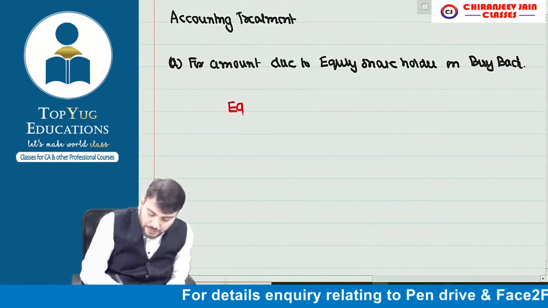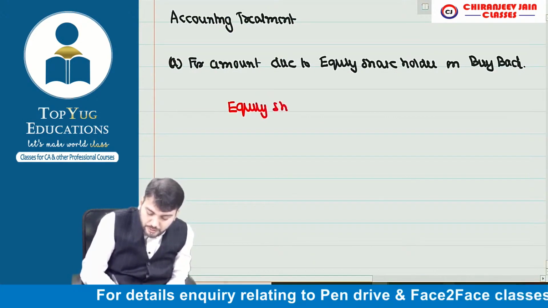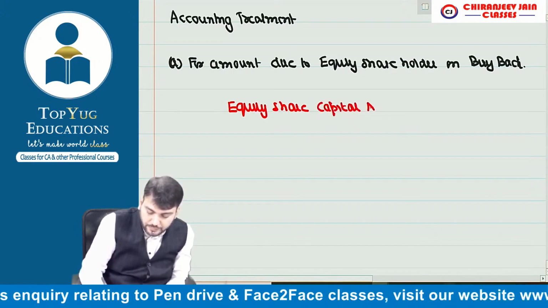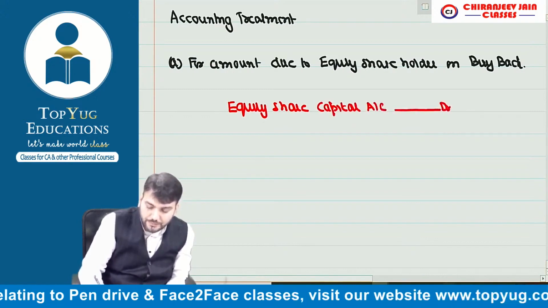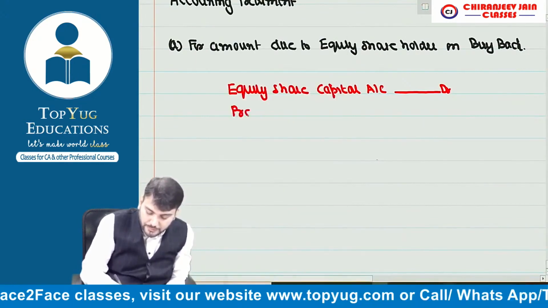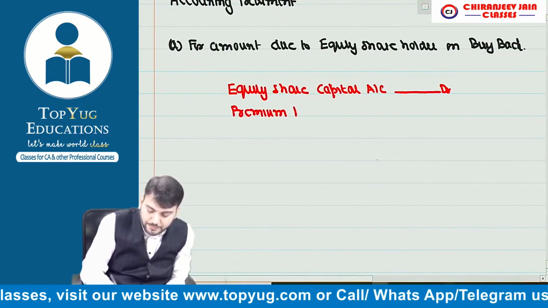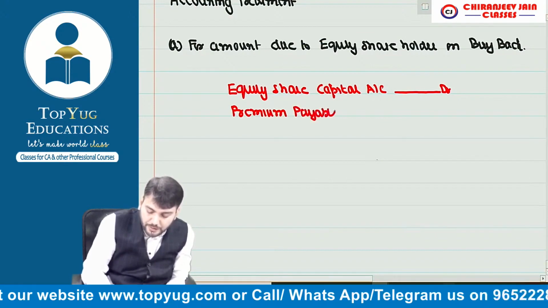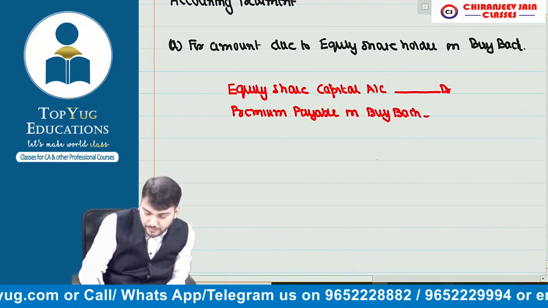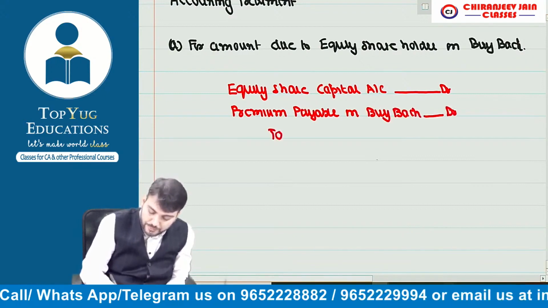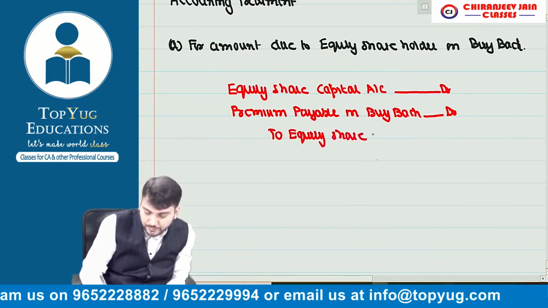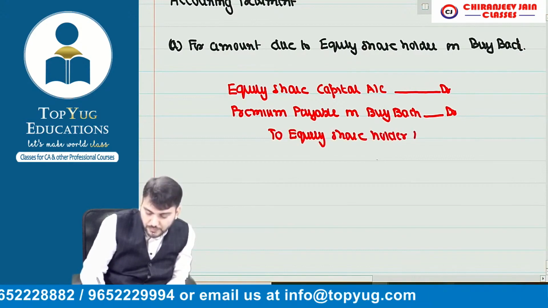The journal entry will be: Equity share capital account debit, premium payable on buyback account debit, to equity shareholders account.